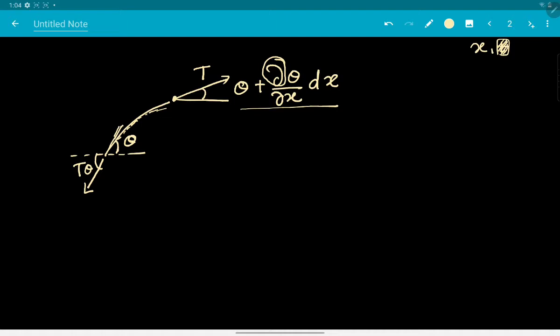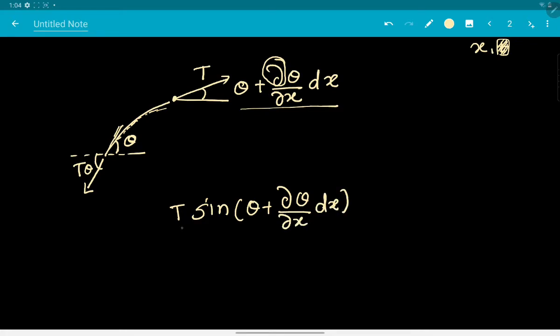Now let me write down the unbalanced forces acting on it. Those are equal to T sine of theta plus del theta del x dx.